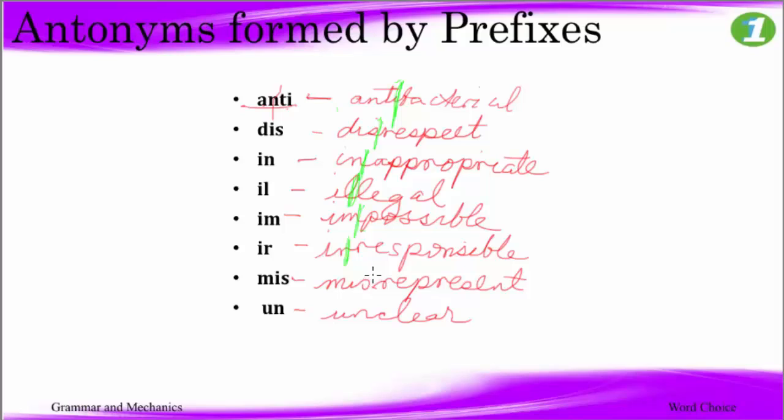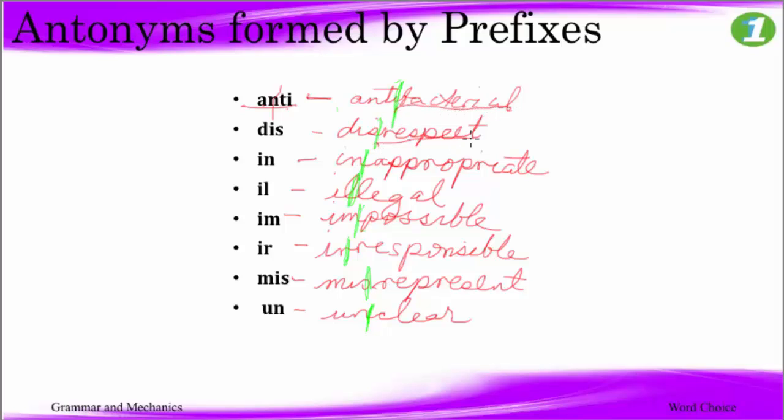And the same will go for mis. Notice mis added to represent, and the same thing for clear. Un added to clear. Now what I want you to notice about these examples is that the words that we added the prefixes to are existing words, meaning they have a meaning.